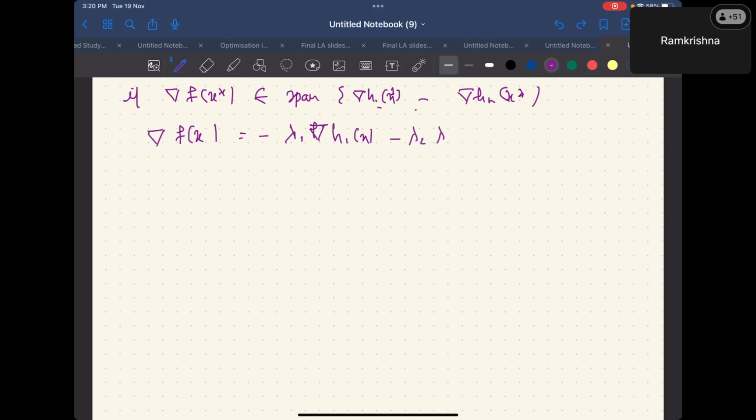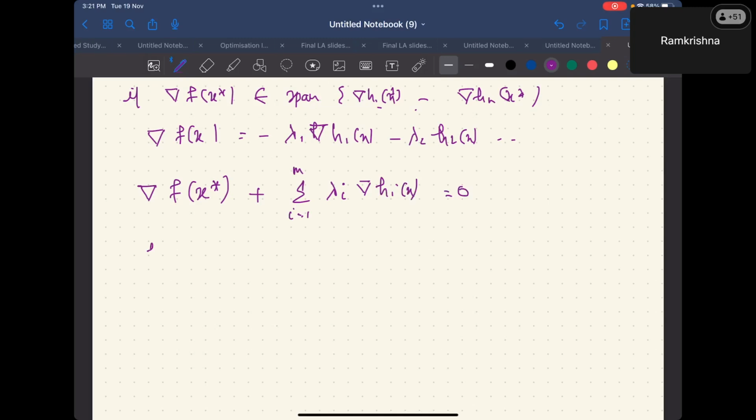So lambda 2 times gradient of h2 of x and so on. Okay, so I can now summarize my conditions: gradient of f at x star plus summation over lambda i times gradient of hi of x, summation over all the m constraints, i equal to 1 to m, equal to 0.